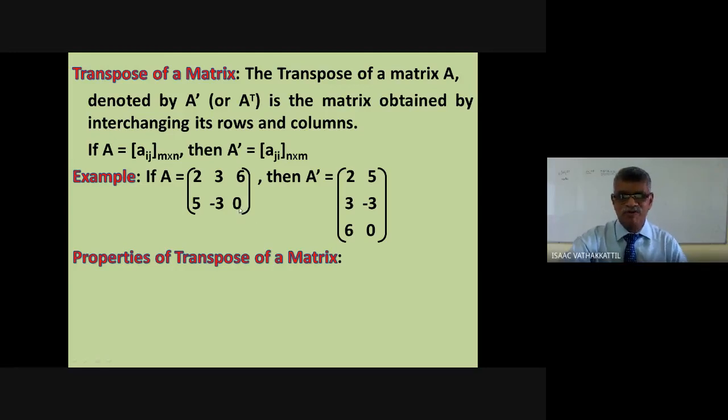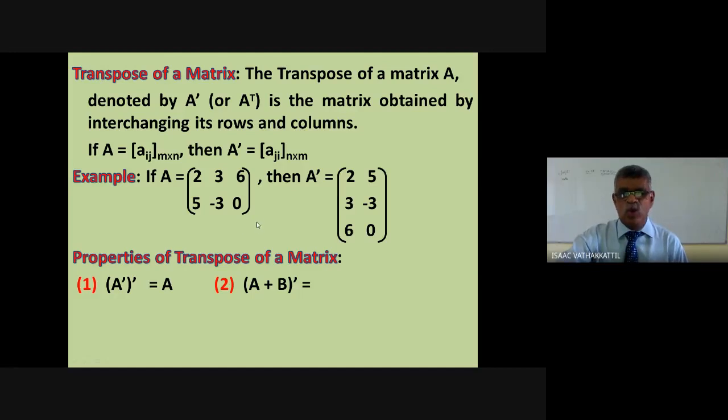Let us go first with the properties of transpose. Once you take the transpose of the matrix, if you take the transpose once again, what will you get? The same matrix back. Again interchanging the rows and columns of that matrix, you get the same matrix. That is, the transpose of A dash, or A double dash, is A. It's obvious.